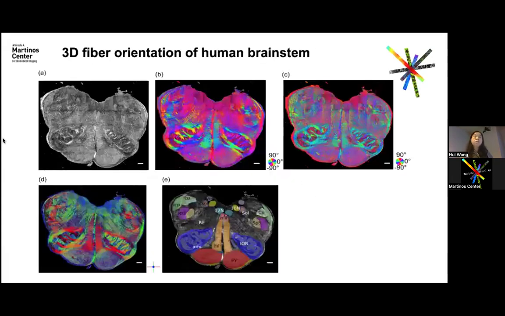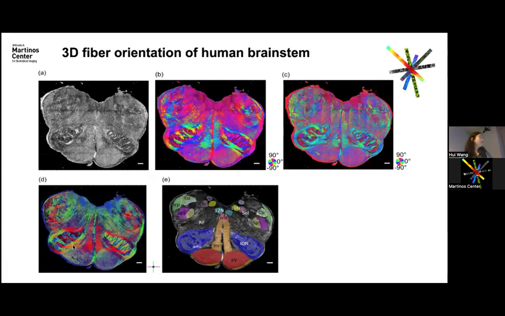In the next thing, we really want to take advantage of the resolution of PSOCT to image a more complex structure, the human brainstem. This one shows a section of the medulla region. The first grayscale image is the birefringence, which basically tells you how much myelination there is. Then the next two are the in-plane and through-plane orientation.